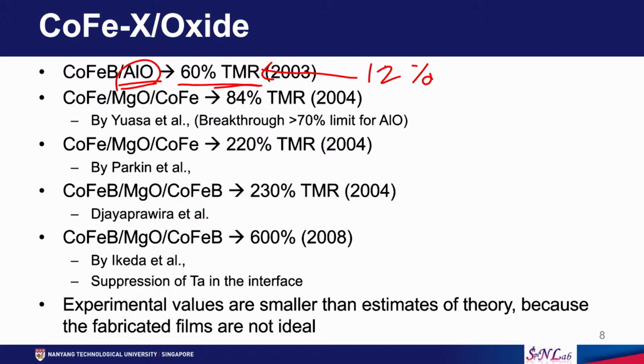Then a breakthrough came in 2004, where a group from Japan came up with 84% TMR. Then Stuart Parkin came up with 220% TMR. Then the same group in Japan came up with 230% TMR and so on. Okay. So, 2004 is the onset where magnesium oxide made a breakthrough.